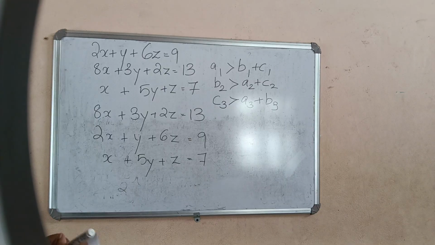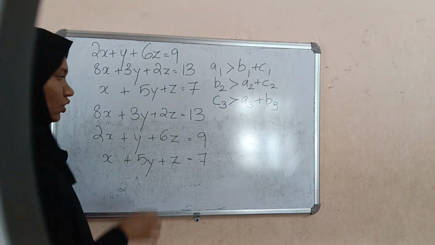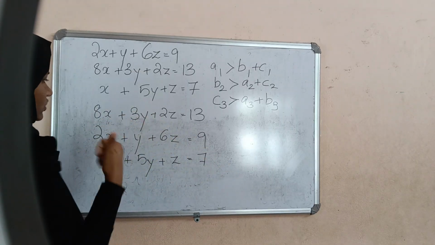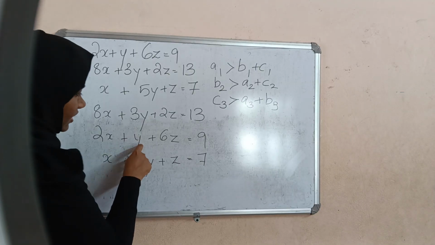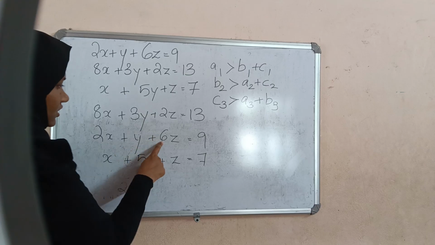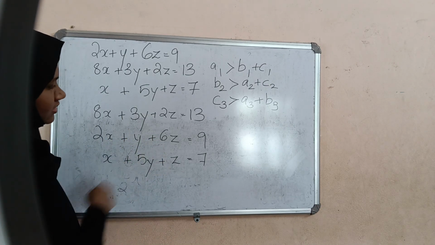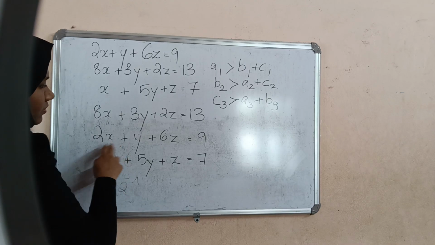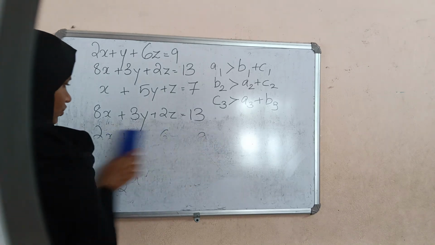Now let's check whether it is diagonally dominant. 8 is greater than 3 plus 2, which is 5, so the condition is satisfied. Then here the condition is not satisfied, since 2 plus 6 is 8, which is greater than 1. So we will interchange these two.